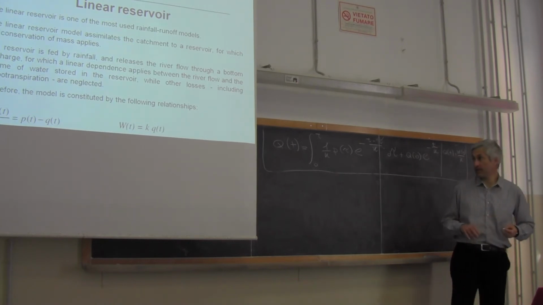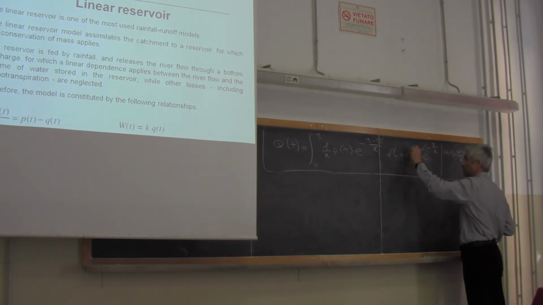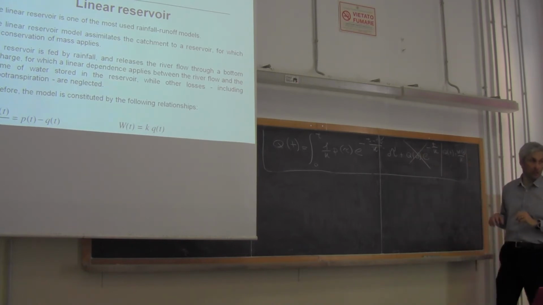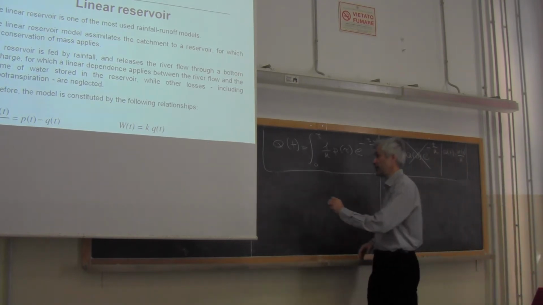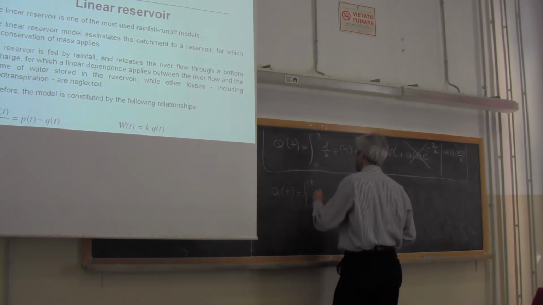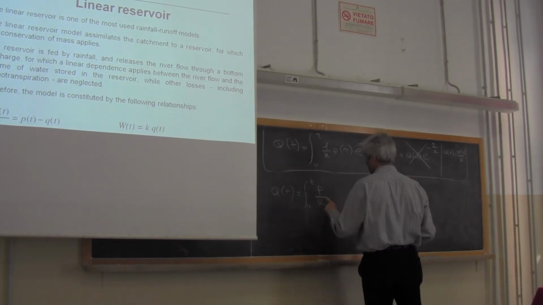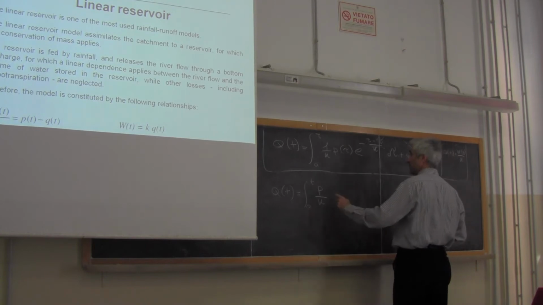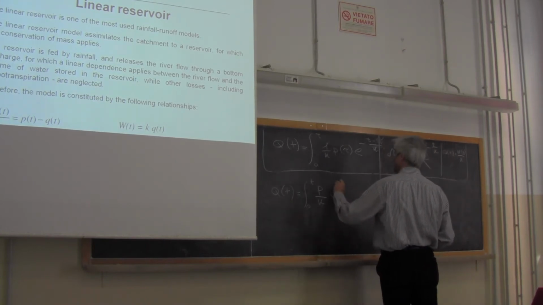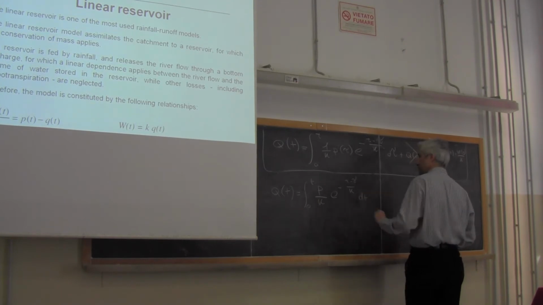Okay, so let's forget for now about the initial condition, and let's concentrate on the integral. The integral, which becomes Q(t), is equal to the integral between 0 and t of P over K, which is constant, everything is constant, P constant, K constant, which multiplies e to the power of minus (t minus tau) over K d tau.